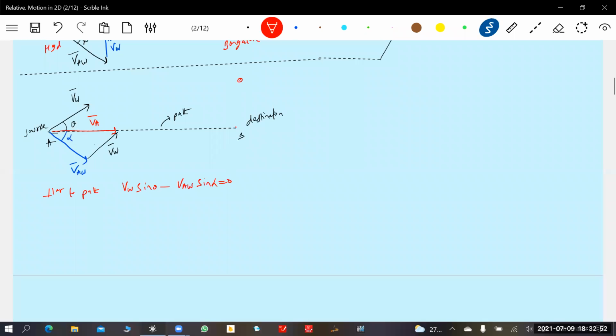That's one equation. Then VA should be equal to VW cos theta plus VAW cos alpha. So the time taken will be L by VA, where AB is L.